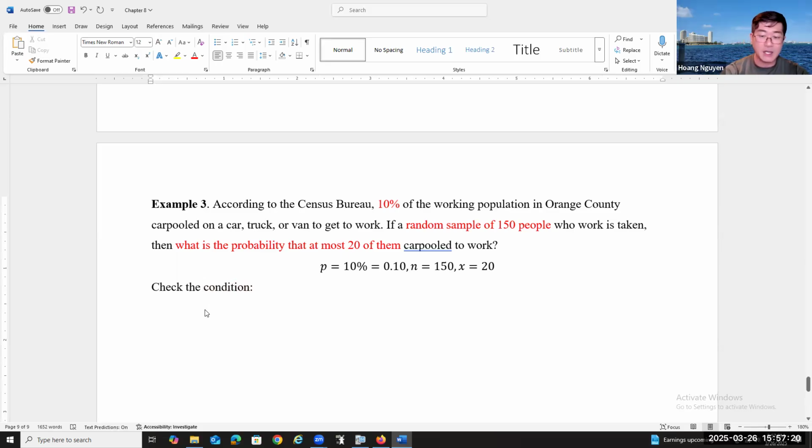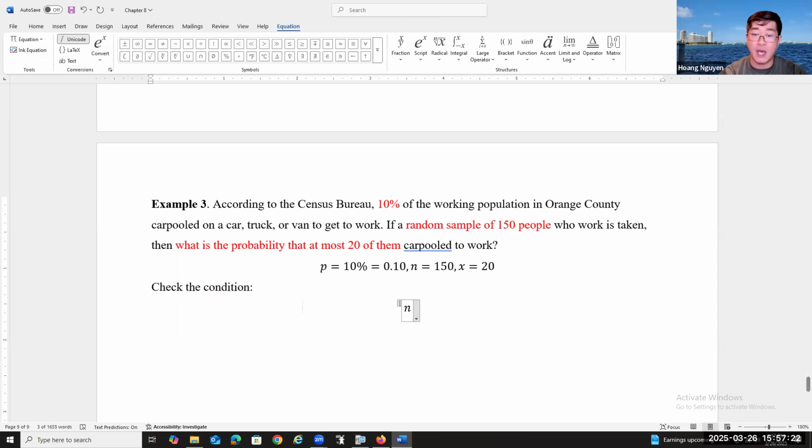What's the condition for the normal distribution? We have n times p times 1 minus p has to be more than or equal to 10. We know the sample size n is 150, the population proportion is 10%, or 0.10, and 1 minus the population proportion is 1 minus 0.10.